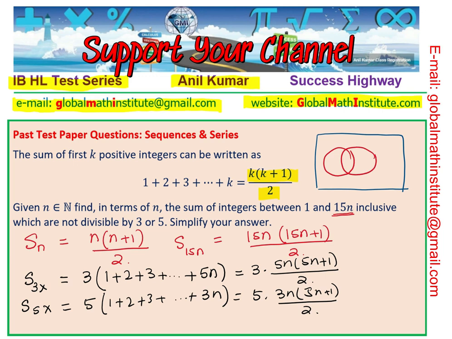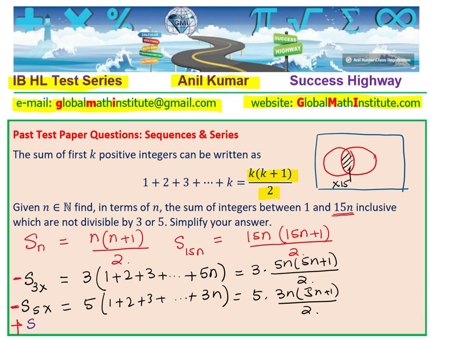Now, in between, we have multiples of 15, and they have been subtracted twice. So while we are taking away these numbers, we have to add the multiples of 15 once, which will be 15 times 1 plus 2 plus 3 plus so on till n. You get the idea? So this should be added.